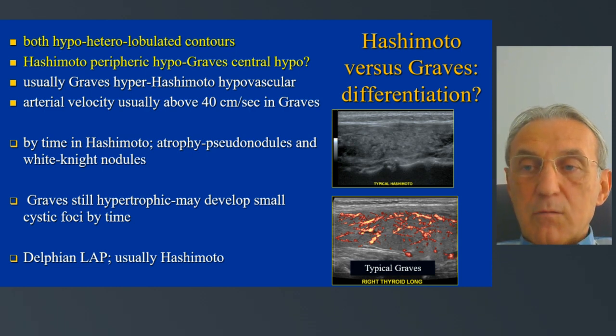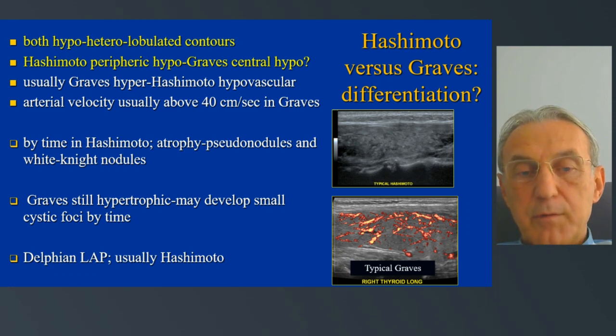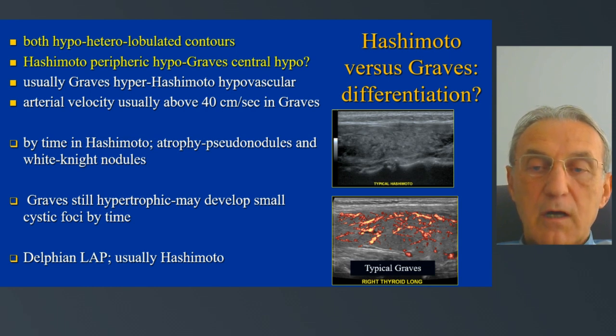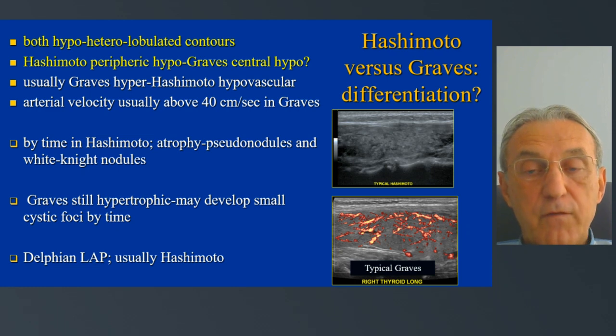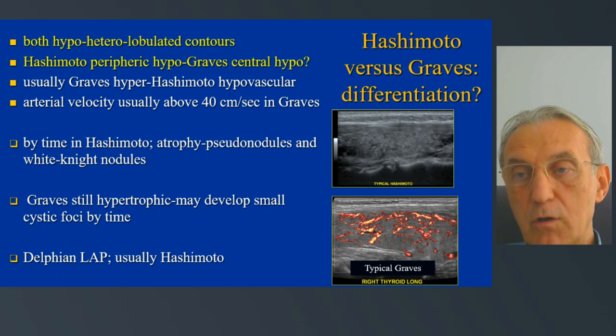It's said that Hashimoto makes the gland hypoechoic more in the peripheral part, and Graves makes it in the central part. But this is not certain, of course. Usually, Graves is hypervascular and Hashimoto is hypovascular, but we know that in the initial phase or in some phases, it can be hypervascular also in Hashimoto. And this is regarded as very specific.